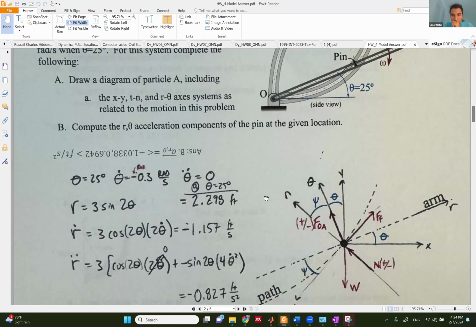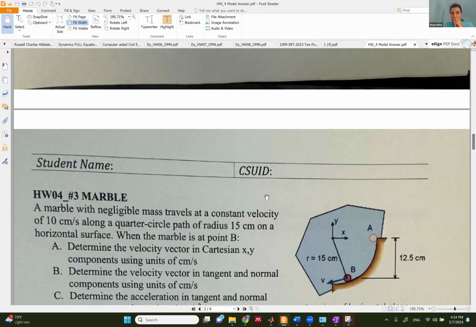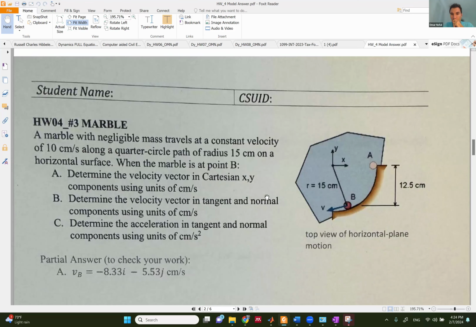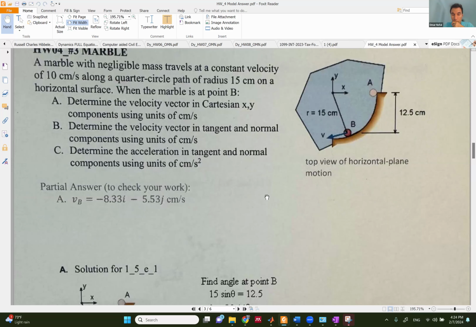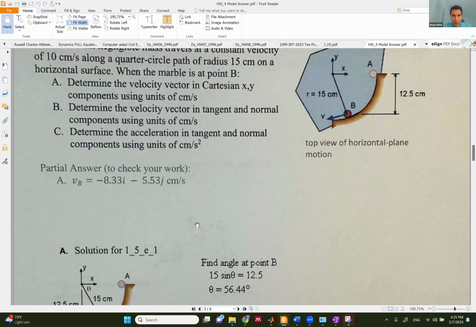All right, so this problem. Does anybody have any question on the third problem? This problem is just to practice some geometry, like you need to calculate, for example, the angle theta.